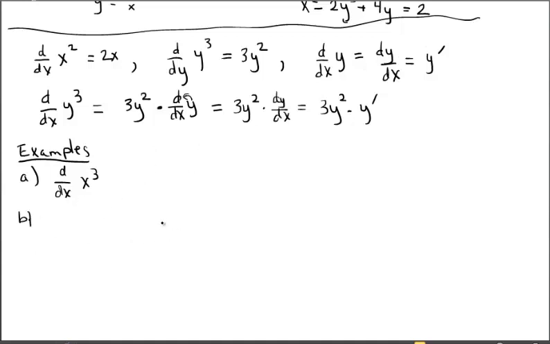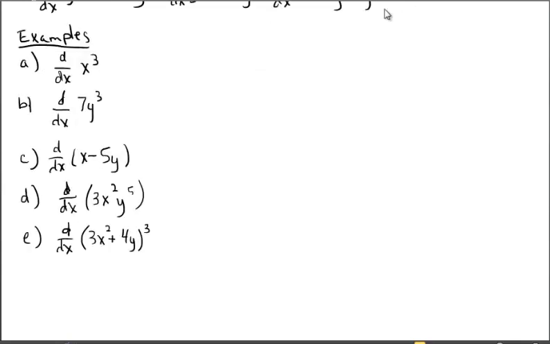Once you see them here, you might want to pause the video and write them all out too, and then we can solve them together. All right, continuing to look at some different problems that we might encounter. I have here for you 5 examples, and what we want to pay attention to is the matchup of the variables, and if we have to use the chain rule or not.